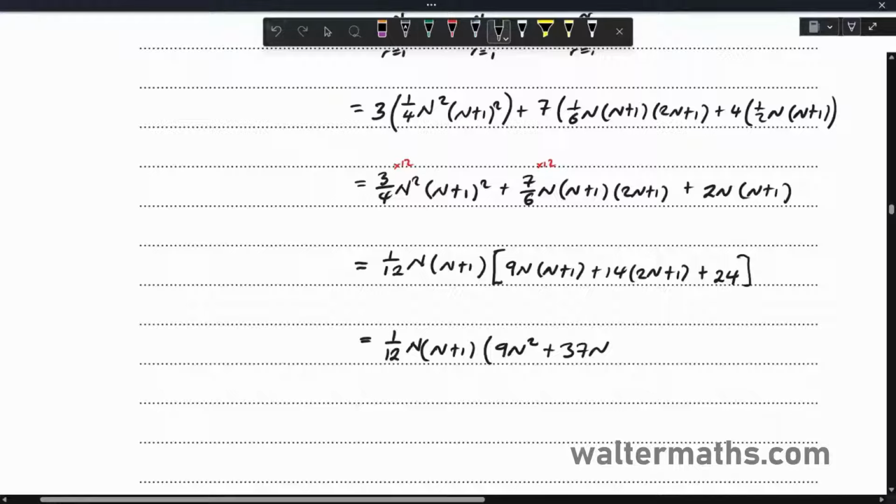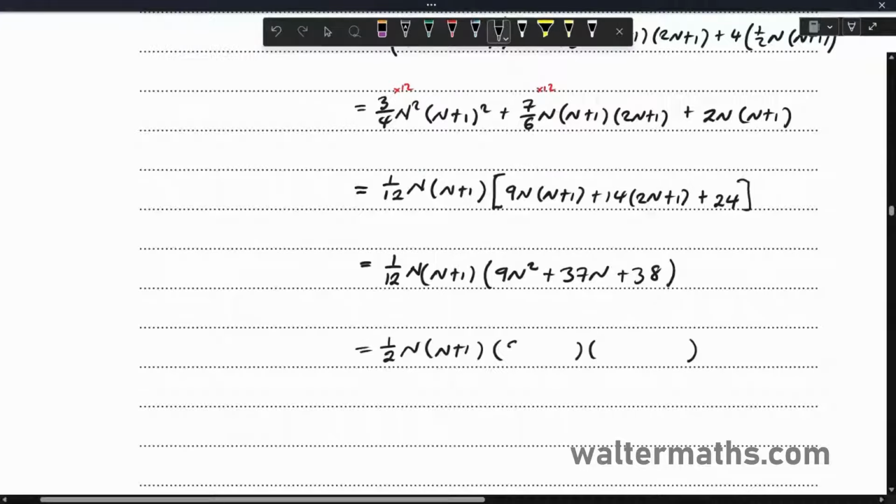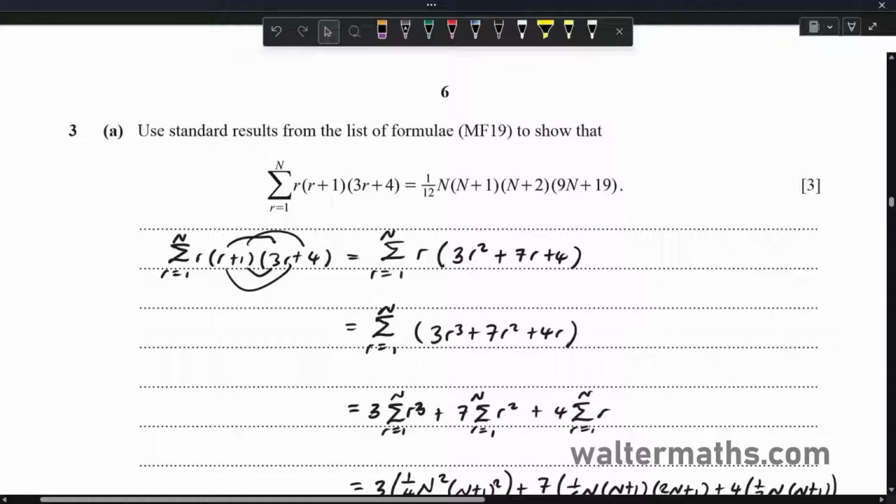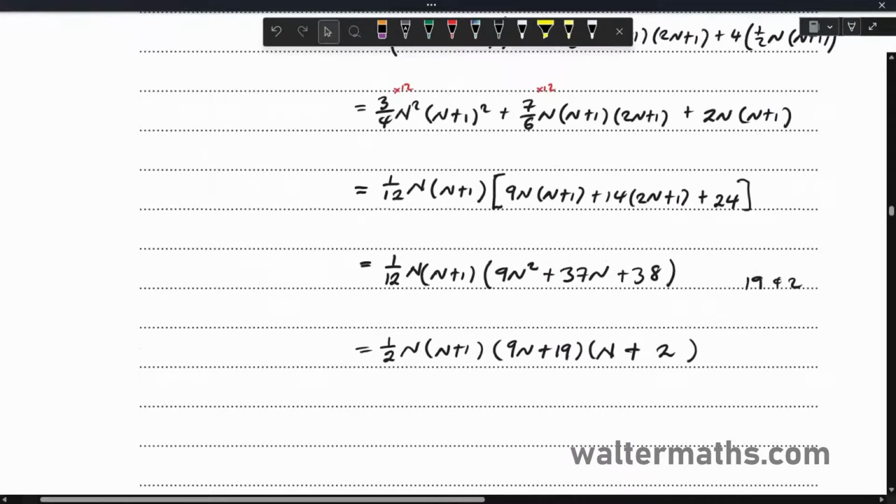And for the constants, we have 14 plus 24, which is 38. So we have a 12th of n plus 1. And now we're going to have here 9n and n. And for the factors of 38, we can use 19 and 2. Alright, so I'm going to put 19 here and 2 here to factorize. And what we have now is what they want us to have right on here. So I'll say shown.